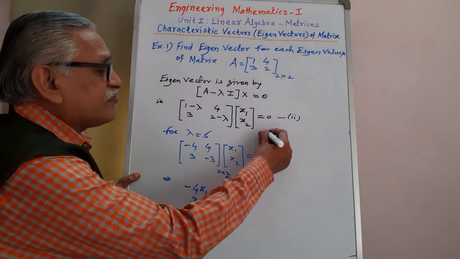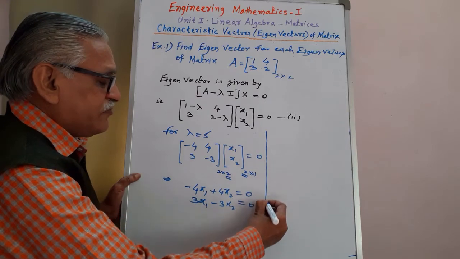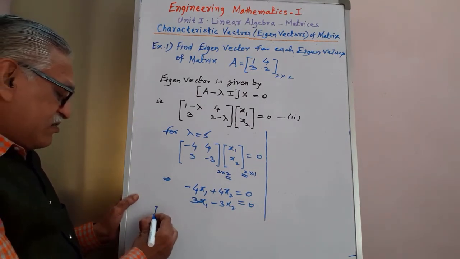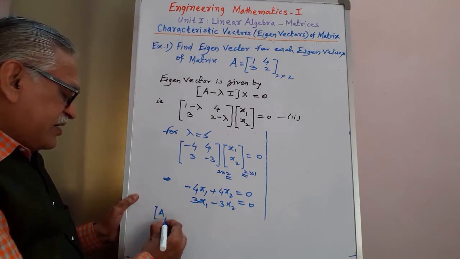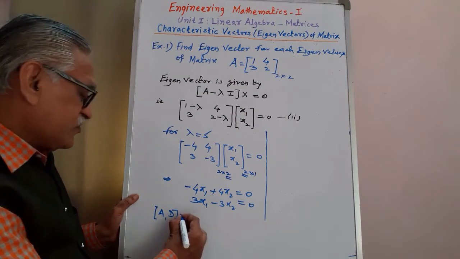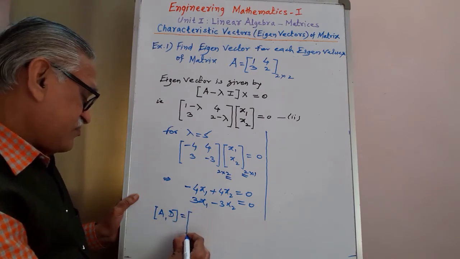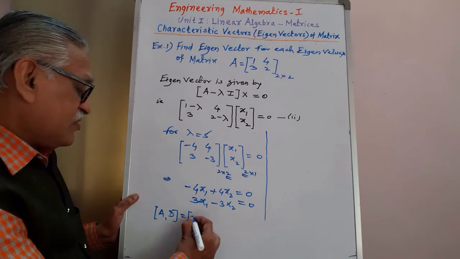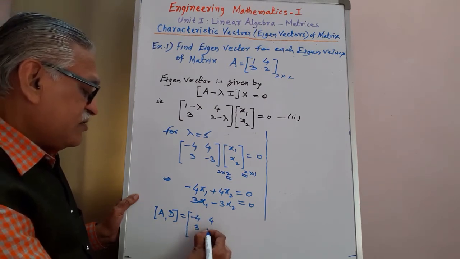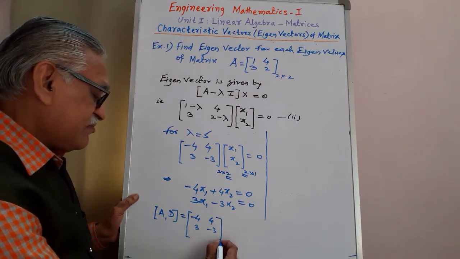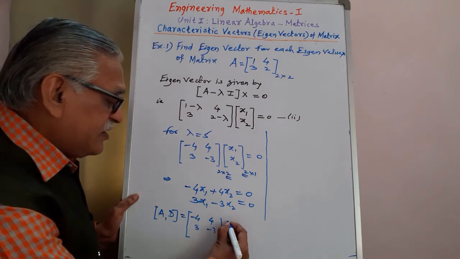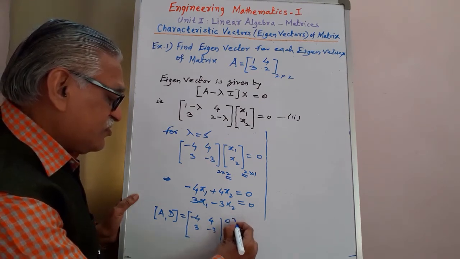and then solving this by that canonical form technique. The combination of matrix A and matrix D, the augmented matrix, is equal to a matrix of minus 4, 4, 3, minus 3, and then values on the right hand side as 0, 0.